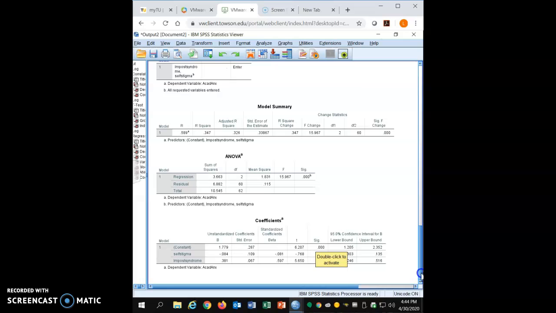Now, of course, what we also need to know is to what extent which of these variables is significant, right? So essentially what this is telling us is what is the impact of imposter syndrome on academic anxiety when self-stigma is in the model, and conversely, what's the effect of self-stigma on academic anxiety when imposter syndrome is in the model.